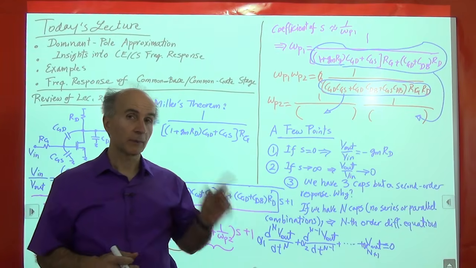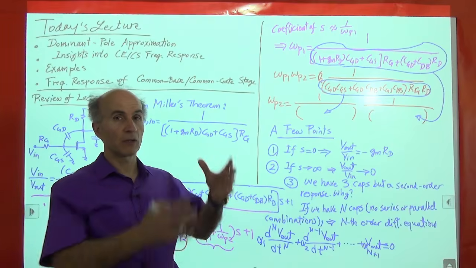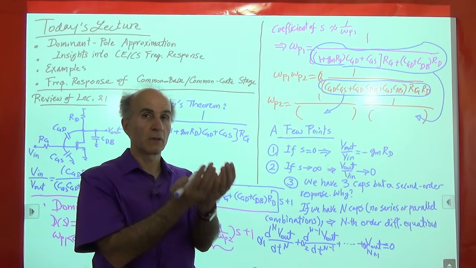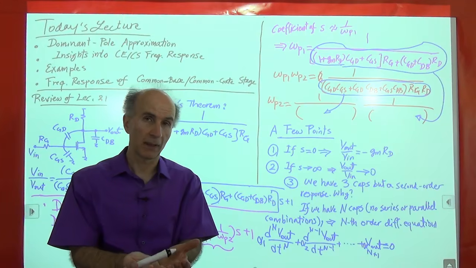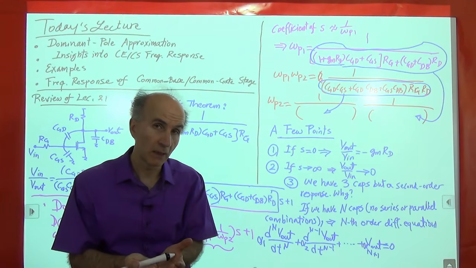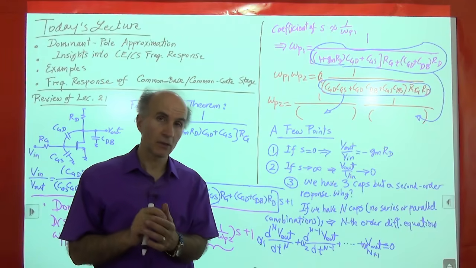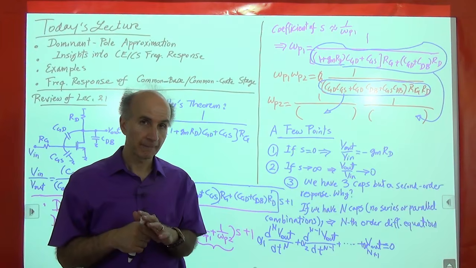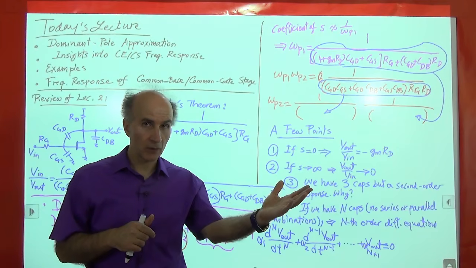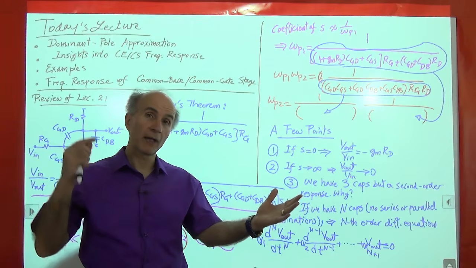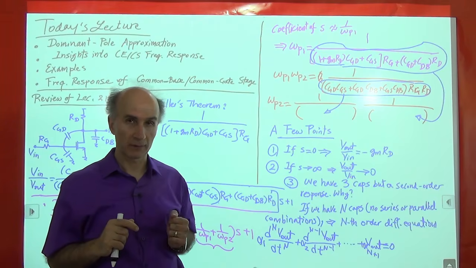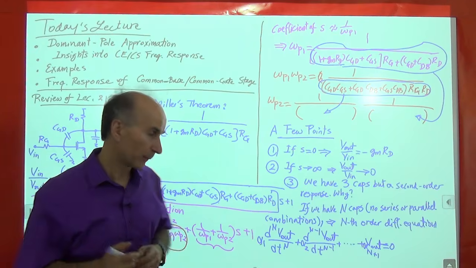But ultimately, when you're trying to find the numerical values for V out as a function of time, what you also need are n independent initial conditions for V out, right? An nth order differential equation can be solved only if you have n initial conditions for it, and those have to be independent.